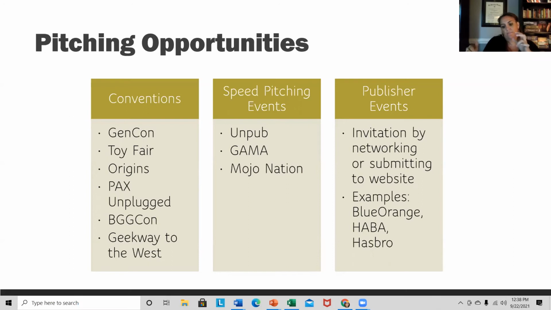And then you submit your games, they see all the submissions, and then you match up who's interested in your games. So there was one, I think it was Mojo Nation, where there were probably 15, 20 companies. I submitted, I got like 7 or 8 that were interested. And so then I had my slot where I would get to pitch.